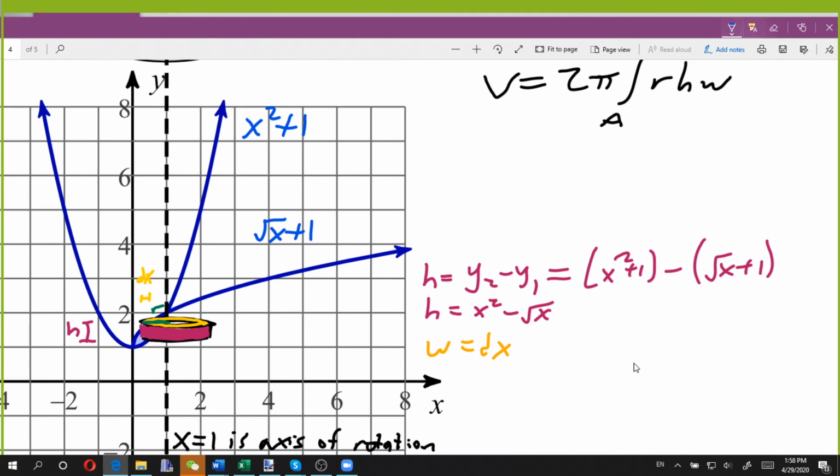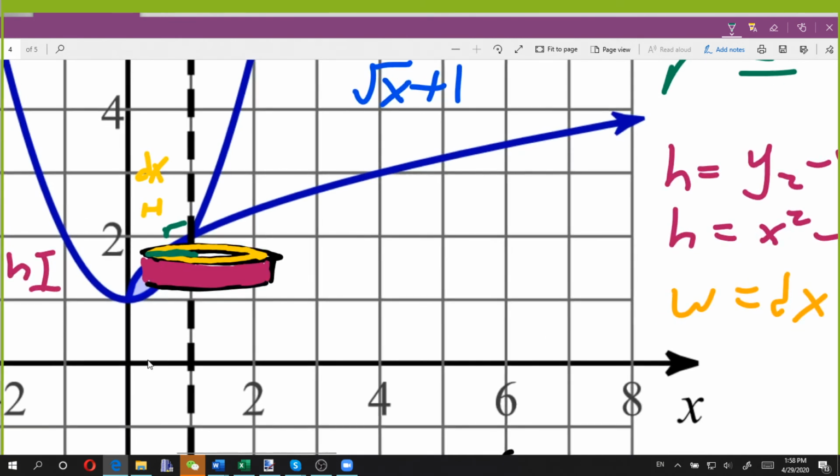Let me write this in green to color code too. Next is Nikita. If I zoom in here, we're looking for this green distance from where we are right now with our cross sections moving from A to B to the axis of rotation at x equals 1.